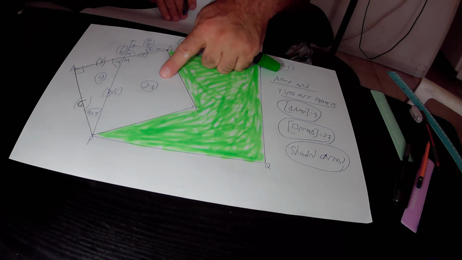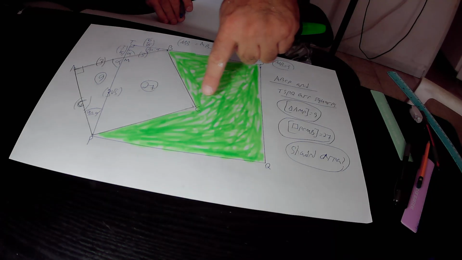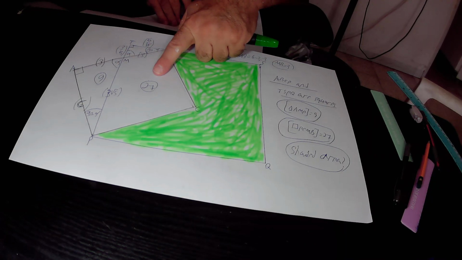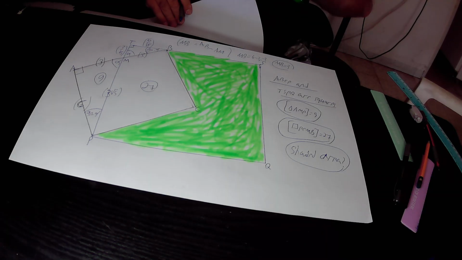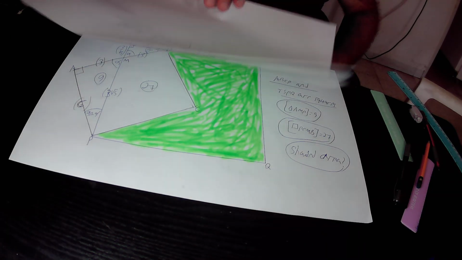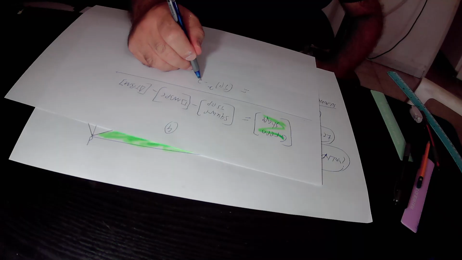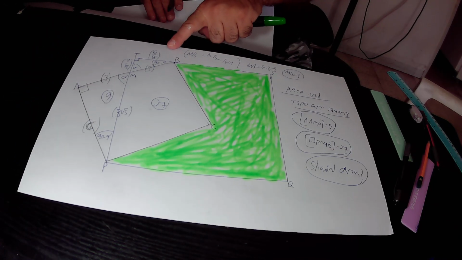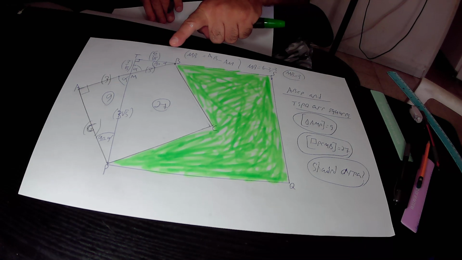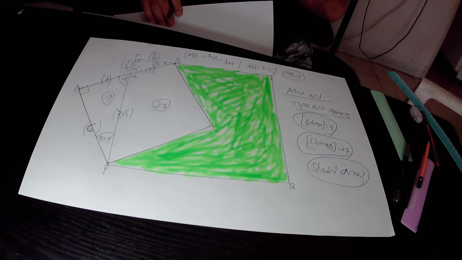minus the area of this quadrilateral MBCP, which is given in the question as equal to 27 square units in size. It is minus 27, minus the area of this small right triangle TBM. The area of any triangle equals the base times the height over 2.